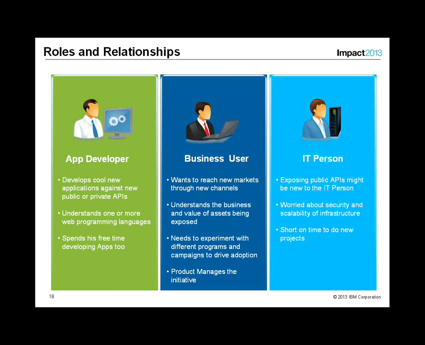That brings us to the last person in this space, which is the app developer. Now, this is a person on the street. It could be an app developer in your organization, an internal application developer, and probably an enthusiast in creating new apps, be it public apps or private apps. He understands web programming languages.